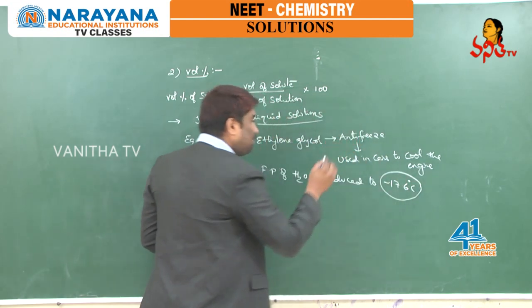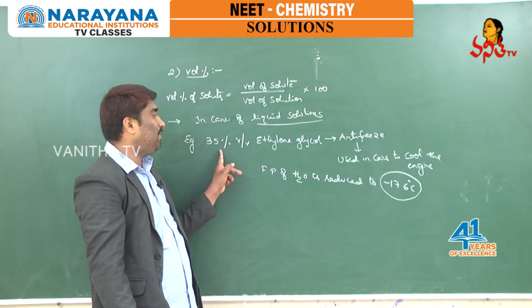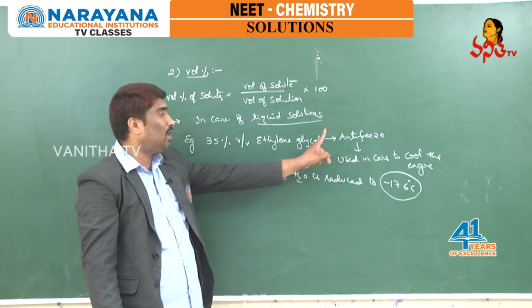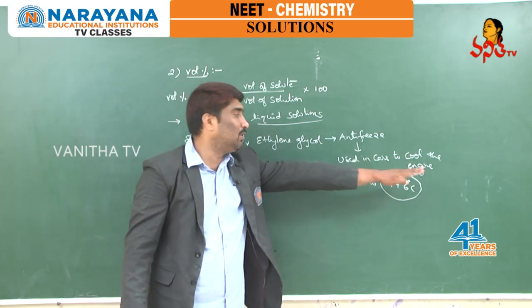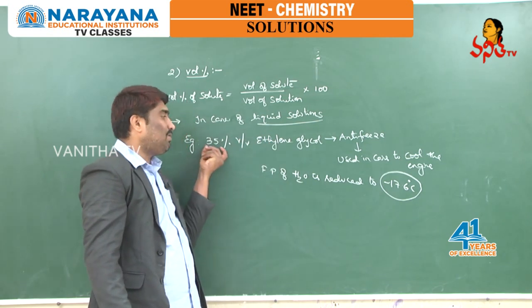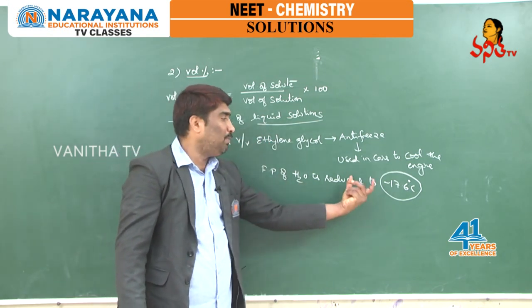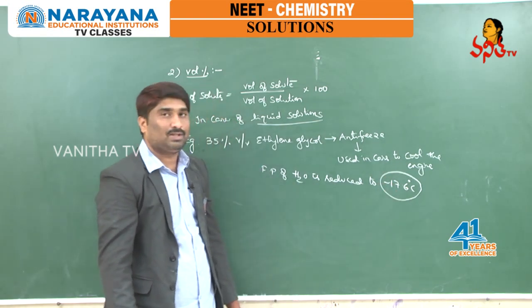In cold countries, generally the temperature is very low. In such cases, you have to use 35% volume by volume of ethylene glycol, because at this concentration the freezing point is reduced to minus 17.6 degrees Celsius.